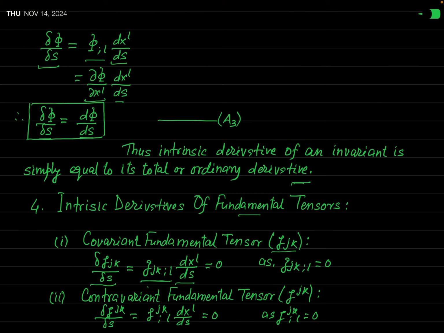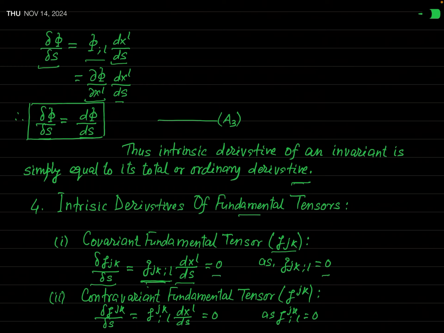But we have learnt earlier, and I have told just now, that the covariant derivative of the covariant fundamental tensor G jk is equal to 0. So if it is 0, its intrinsic derivative will also be 0.